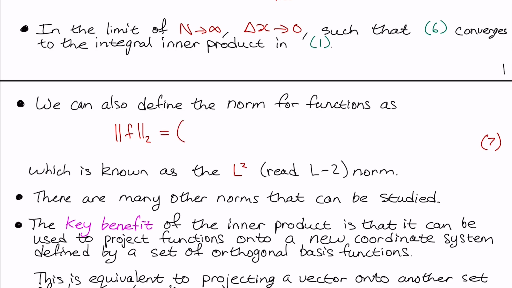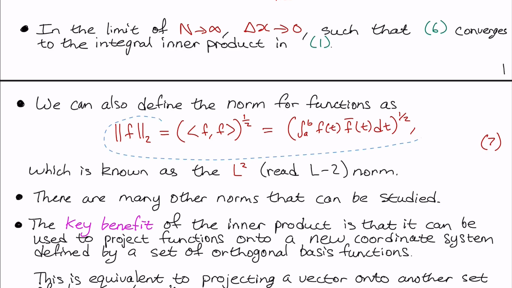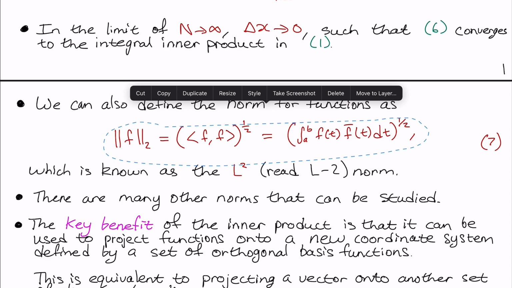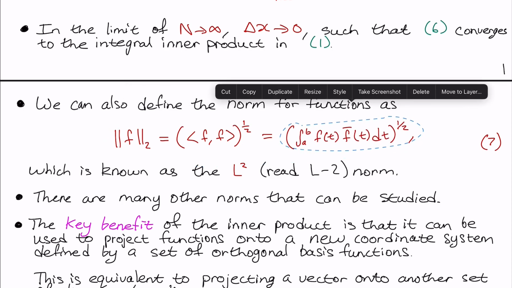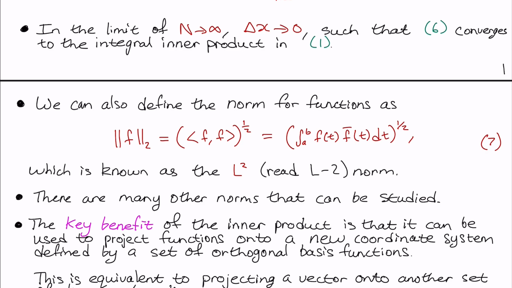This is equal to the square root of the inner product of f with itself, which is then equal to the integral from a to b of f of t times f bar of t dt, all of that raised to the 1/2 power. And like I said, this is known as the L2 norm, written as L squared, but read as L2.